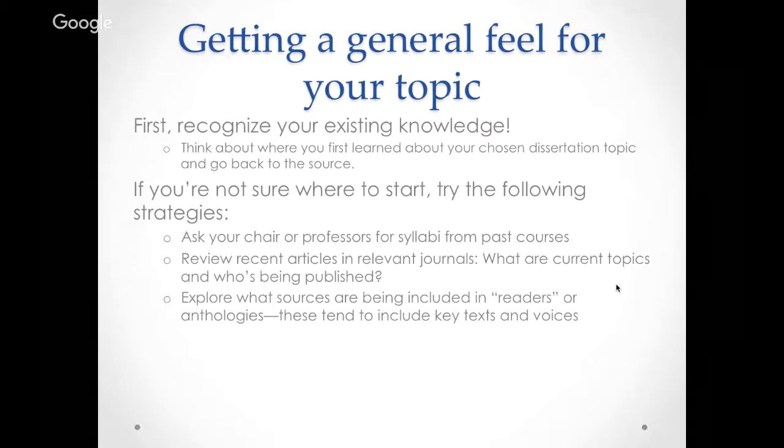Then another great idea is to explore the sources that are being included in readers or anthologies. Readers are what are used on a lot of college campuses for undergraduate courses. You have a course reader that combines texts from different sources that guide that class, right? Or anthologies that are published by academic publishing houses like Gale or McGraw-Hill.